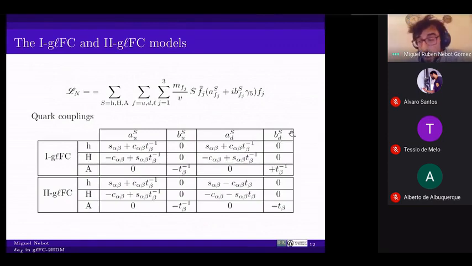And the thing, as I introduced before, is that the only difference is that in going from the up to the down sector and going from model 1 to model 2, there is a difference in the tan beta dependence. And that's it. So the new parameters here do not play a role in defining these couplings, but we have two different dependencies in terms of tan beta.